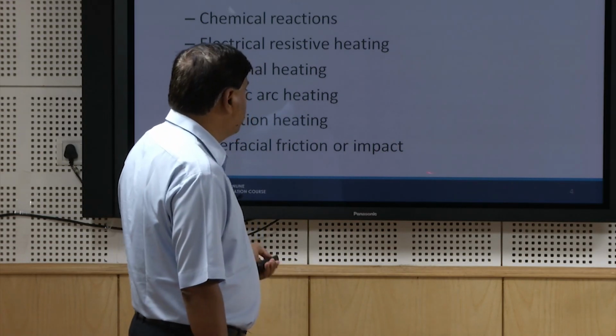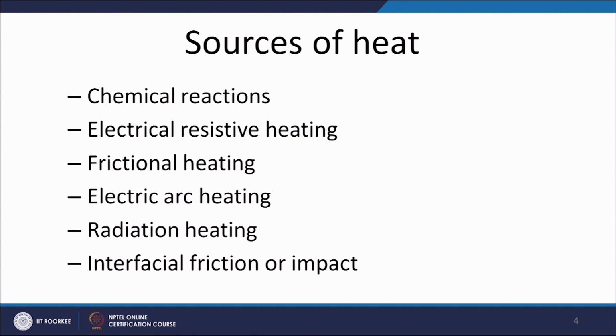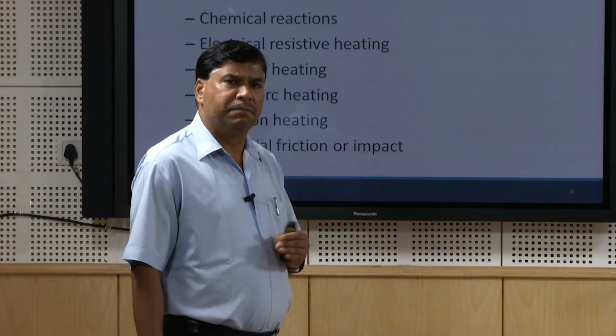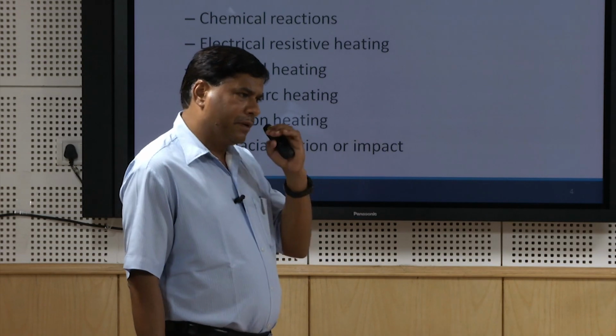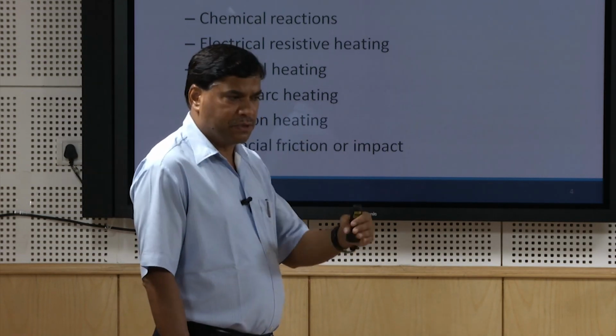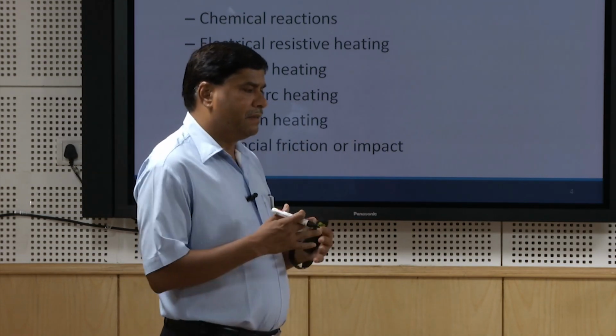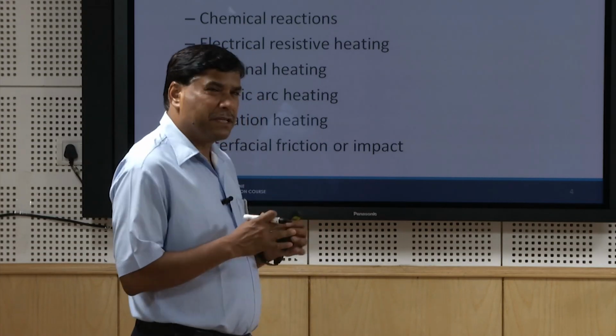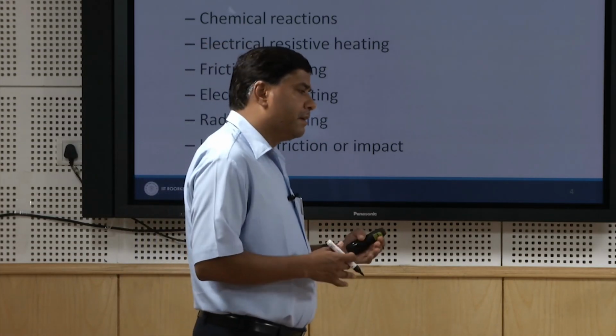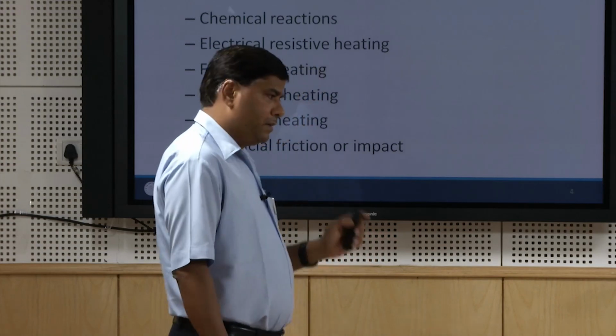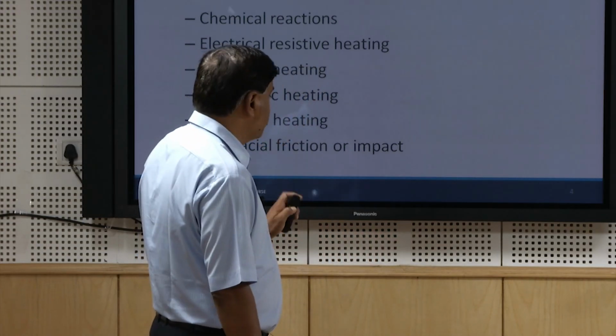Then there are interfacial friction and impact. Normally impact and interfacial friction, like in ultrasonic welding or explosion welding, generate a very limited amount of heat, but whatever limited heat is generated sometimes helps to facilitate the deformation of the asperities present at the surface in development of the joint or for producing the metallic continuity.